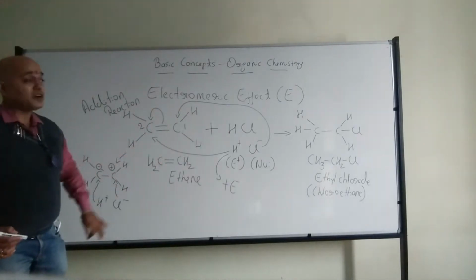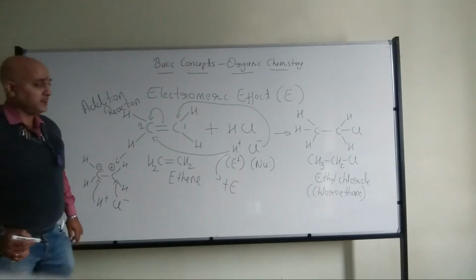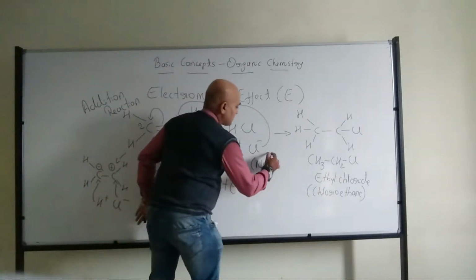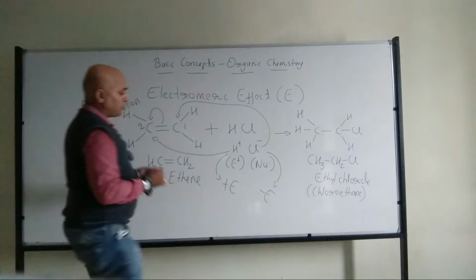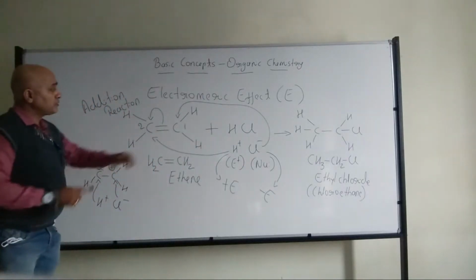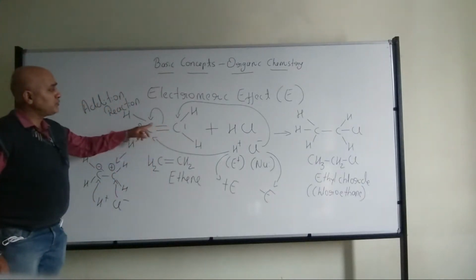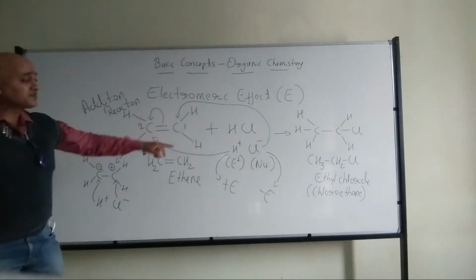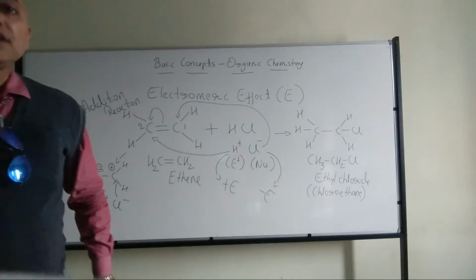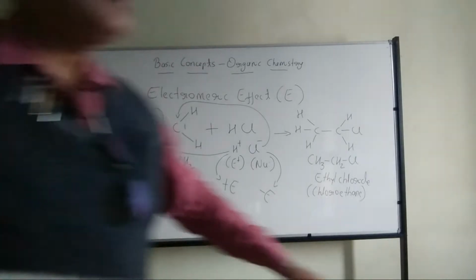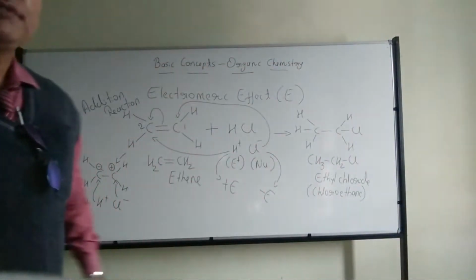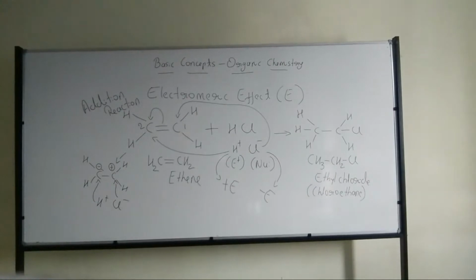And if I consider chloride, in this case it is showing negative electromeric effect, because chloride is coming here but the electron is moving away from that. So that's why we can observe positive and negative electromeric effect simultaneously. Got my point?